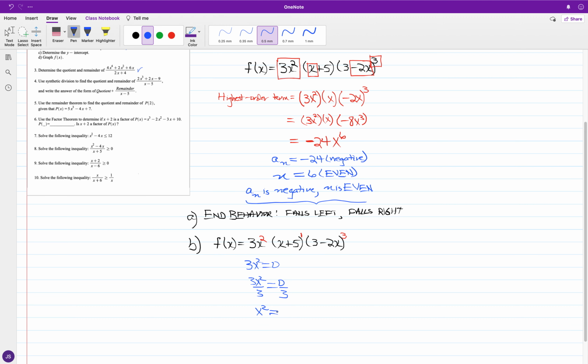So we have x squared equal to 0, and with the square root property of equality, there's no such thing as a positive or negative 0. So x is just plain 0. Now for x plus 5 equal to 0, we're going to have x is equal to negative 5.